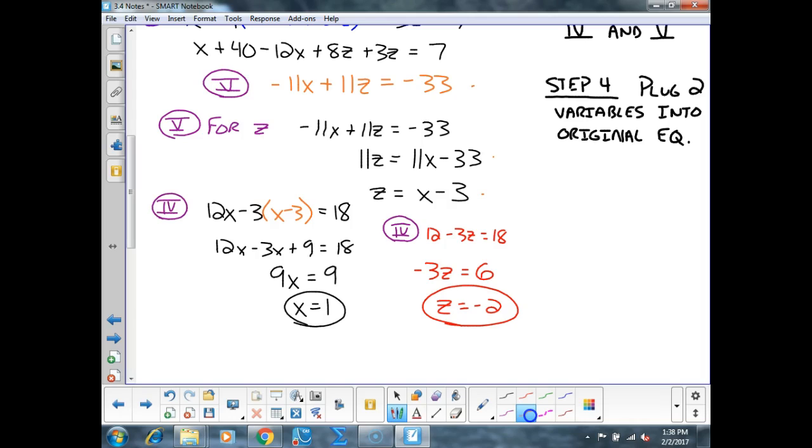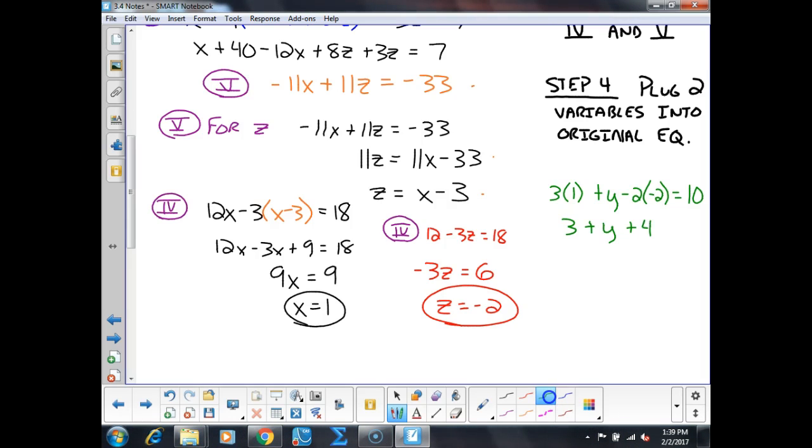So 3 times my x value of 1, plus y, minus 2 times negative 2 has to equal 10. So that's 3 plus y plus 4 equals 10.